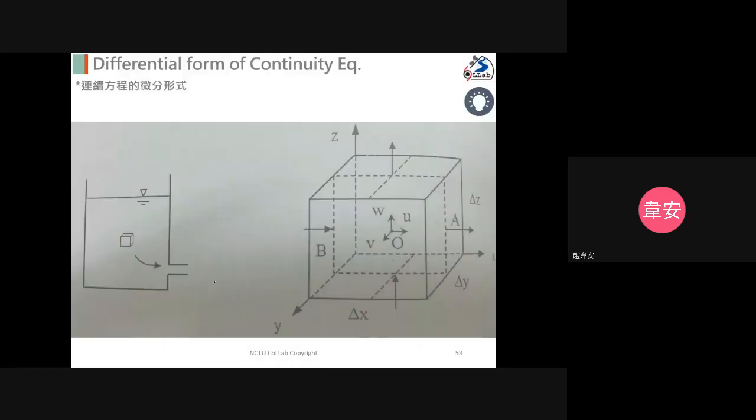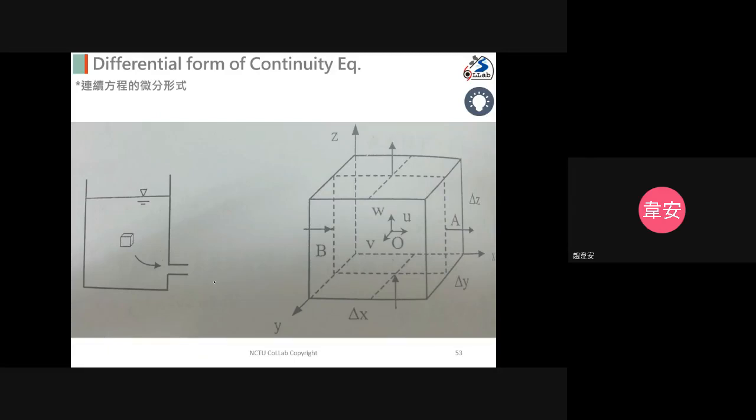Okay, so right now for this chapter, the final items are some important formulas. The first one is the differential form of the continuity equation.